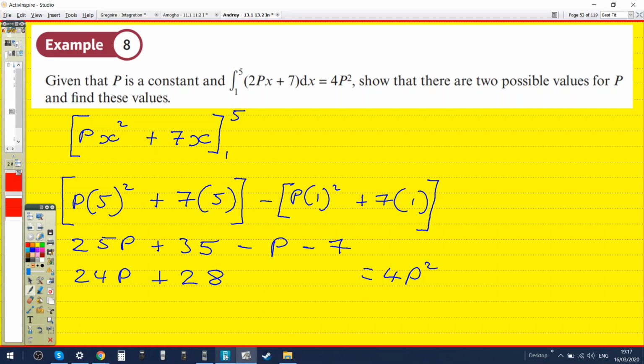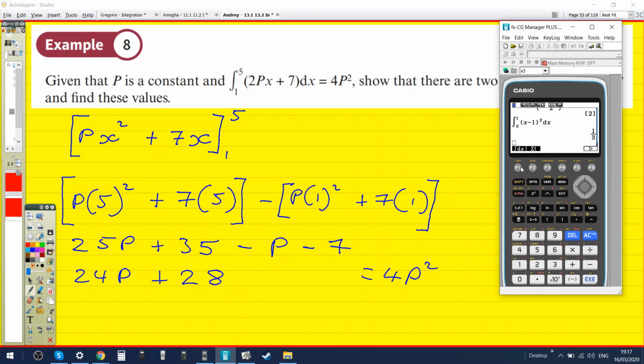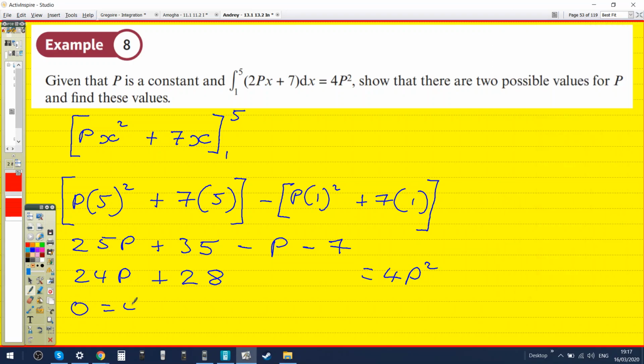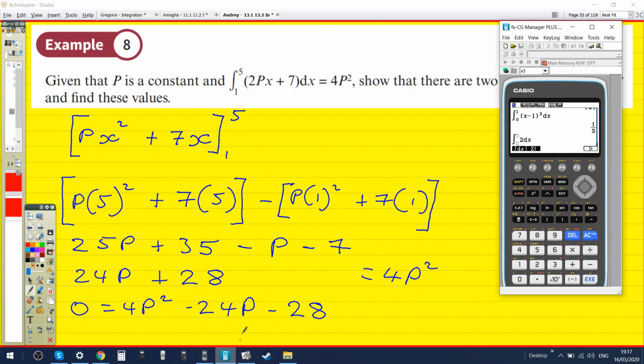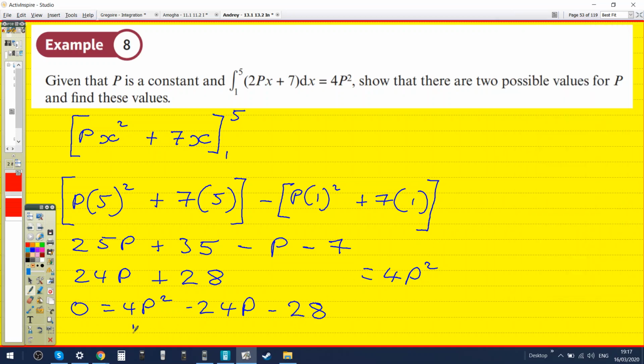And then just do 0 equals 4p squared minus 24p minus 28. And so p equals 7 or p equals minus 1.